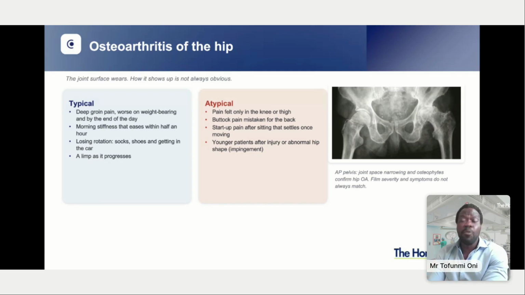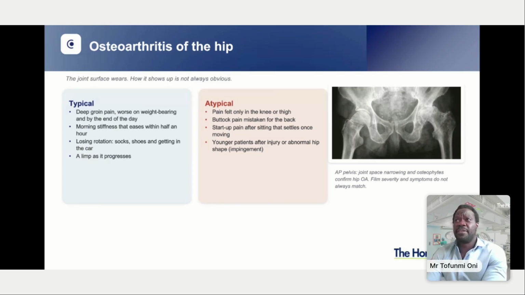Often they have morning stiffness or stiffness after long periods of immobility, and a loss of movement, rotation especially. The most common activities of daily living that people struggle with are bending over activities, putting shoes and socks on, getting in and out of cars, and they progressively get a limp as the symptoms progress. So that's what I would consider to be typical symptoms.